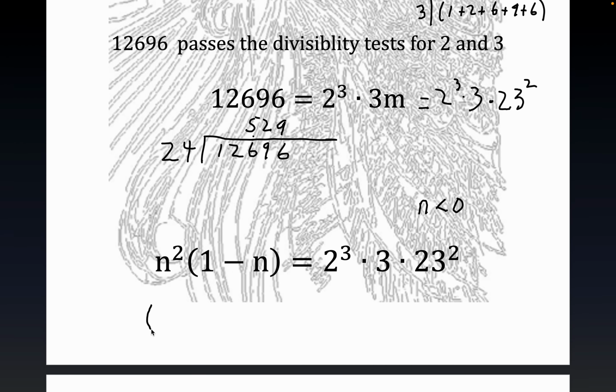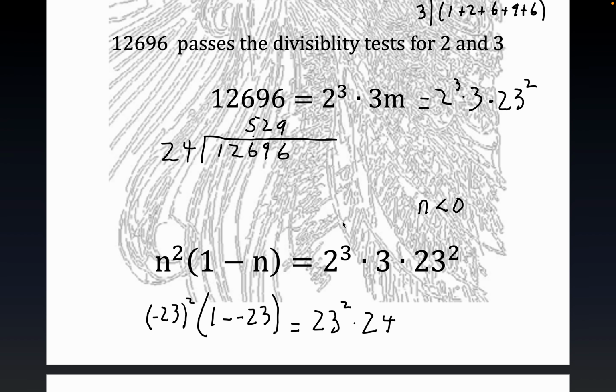You'll have minus 23 quantity squared times 1. And it's just kind of a fluke of the factoring, I think. Minus negative 23 equals 23 squared times 24. But you see, that's exactly what this is.